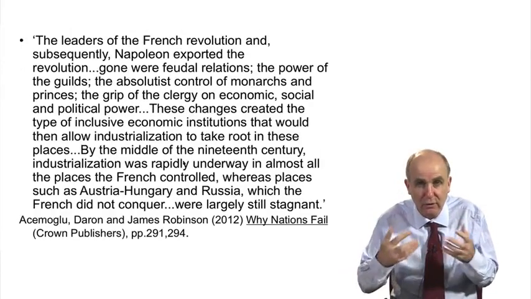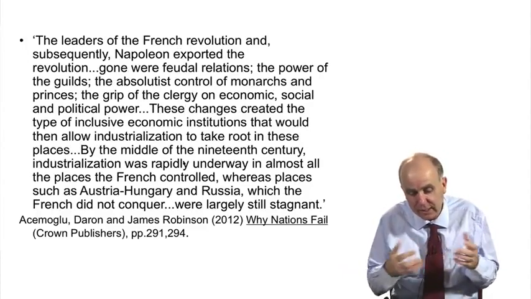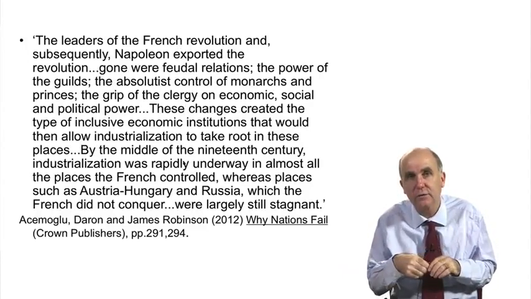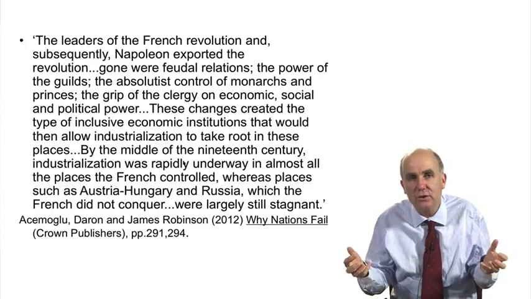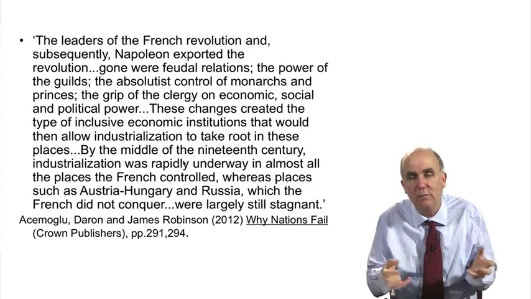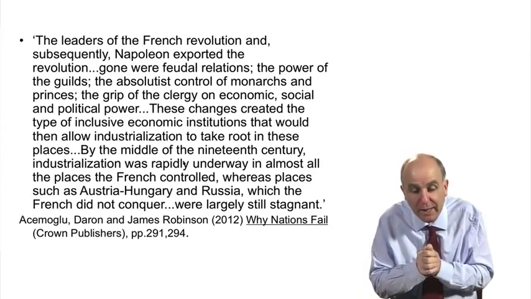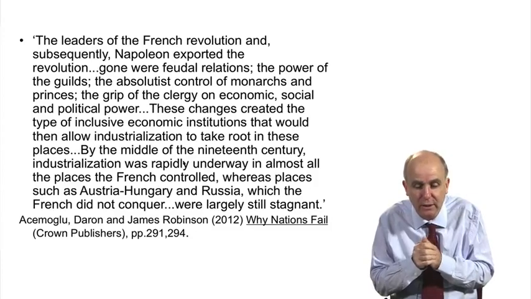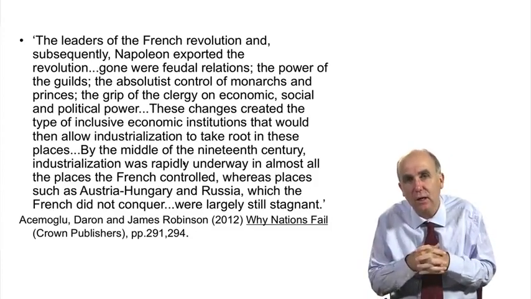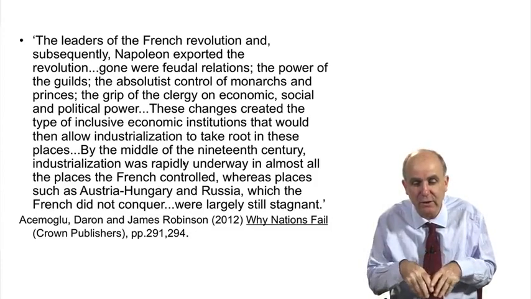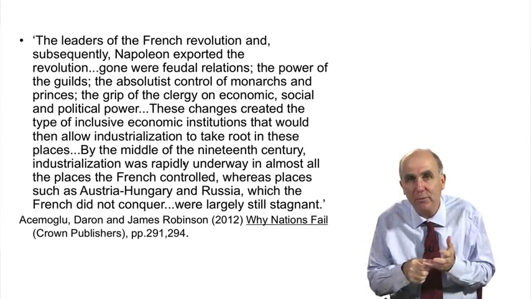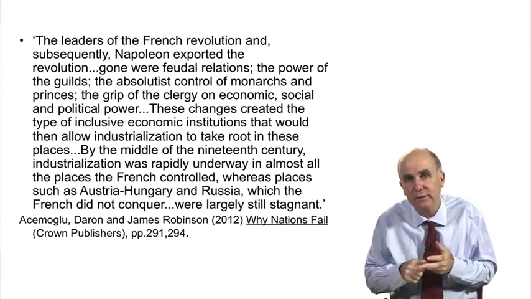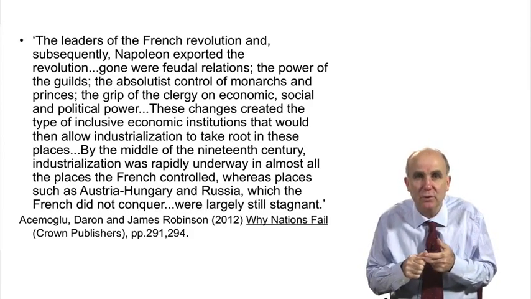Some economic historians have thought about this on a much larger scale. Daron Acemoglu and James Robinson have argued that the French Revolution basically caused a thoroughgoing change in institutions in the regions in Europe that revolution reached, and that had long-term effects on the capacity to industrialise. So they say the leaders of the French Revolution and subsequently Napoleon exported the revolution, and that revolution got rid of feudal relations, it got rid of guilds, it got rid of the absolutist power of monarchs, it got rid of the power of the clergy.